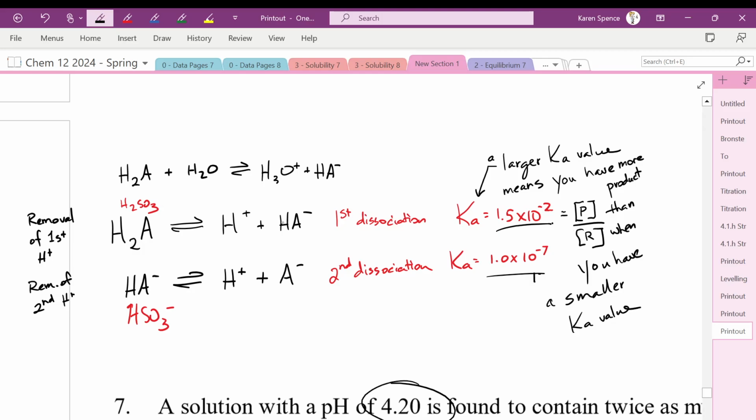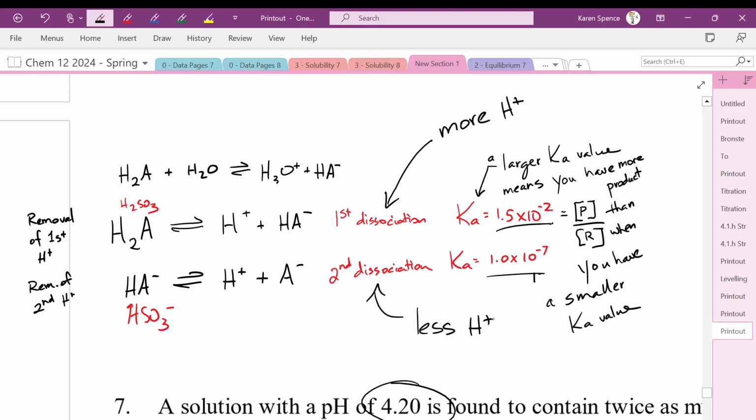There's more hydrogen ion concentration in one, and less in the other. In which case did you have more easily removed hydrogens? The one where you have more hydrogens.